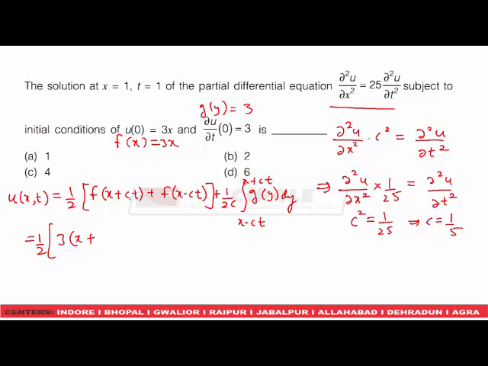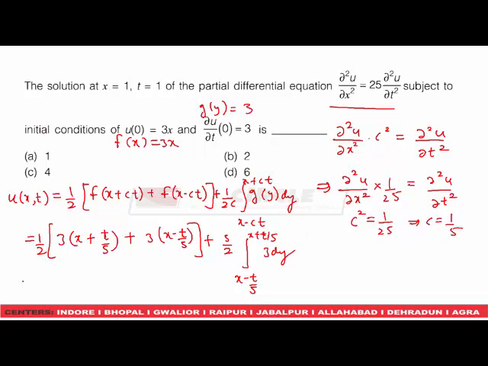So x plus c is 1 by 5, so t by 5, plus 3 into x minus t by 5, plus 1 by 2c will be 5 by 2. Limits will be x minus t by 5 to x plus t by 5 and g(y) is 3. So 3 dy.